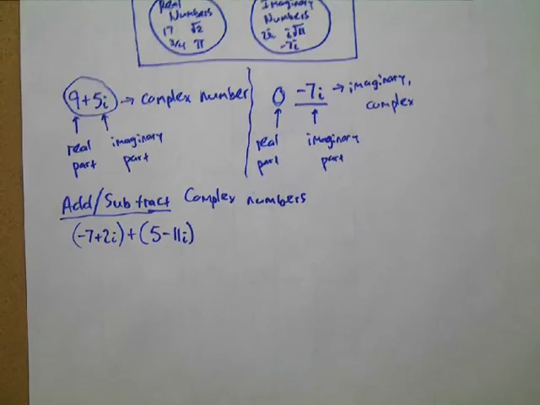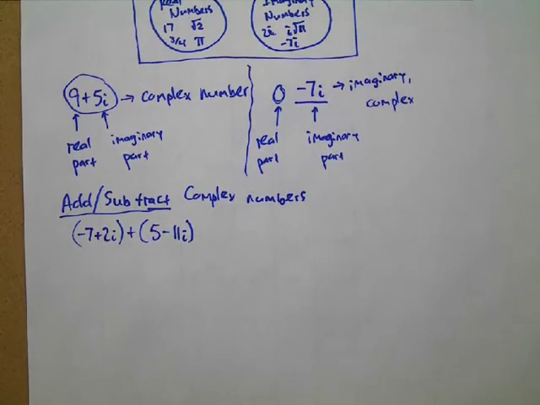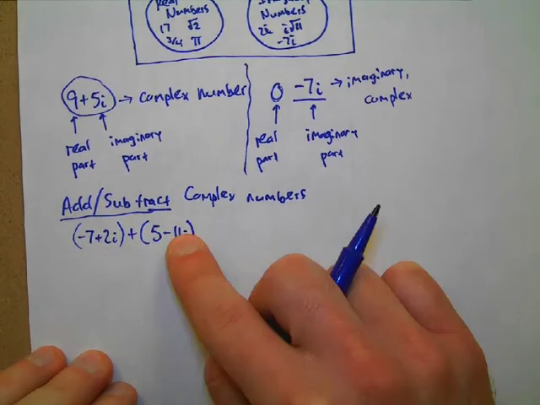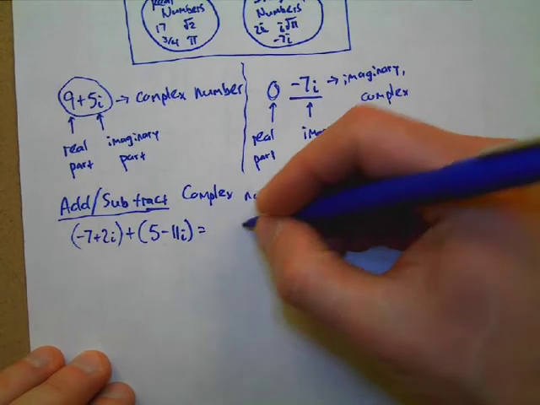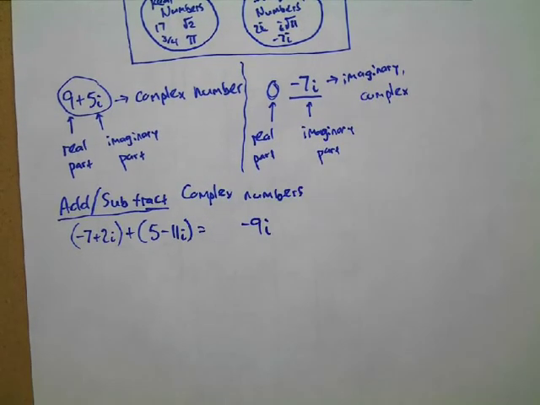The i's, right? So 2i minus 11i is going to give us negative 9i. That's right, we combine the i's together.